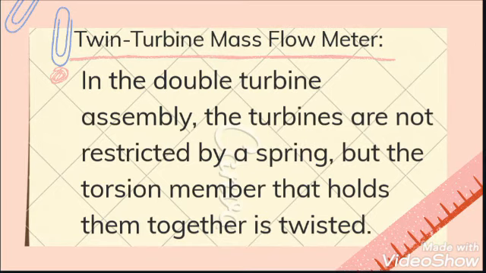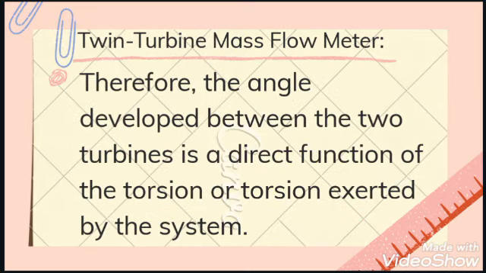In the double turbine or twin turbine assembly, the turbines are not restricted by a spring, but the torsion member that holds them together is twisted. So both are held by a twisted spring. Therefore, the angle developed between the two turbines is a direct function of the torsion exerted by the system.